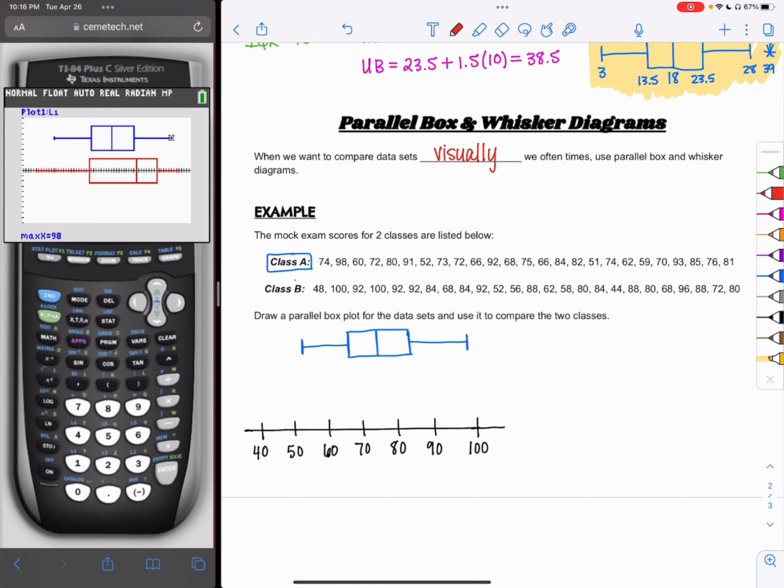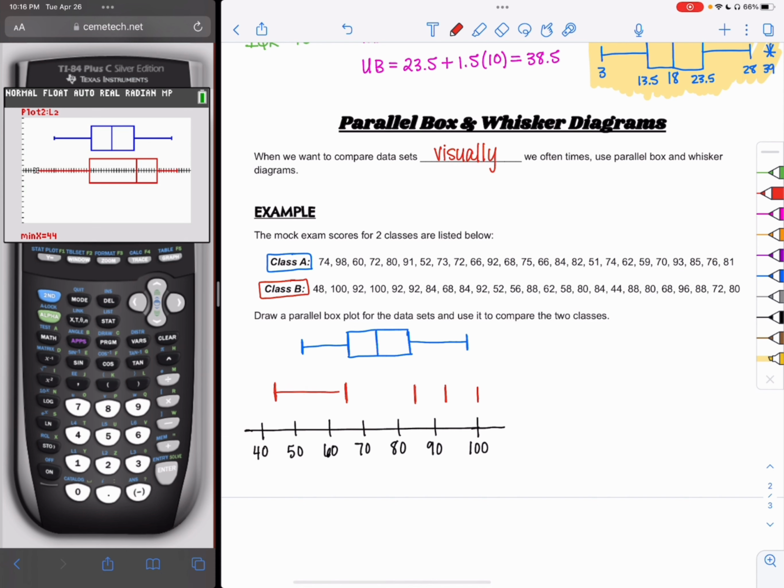The next one is class B. If I press the down arrow, it takes me down here. I see that the maximum for class B is 100. My Q3 is 92, my median is 84, my Q1 is 65, and my minimum is 44.